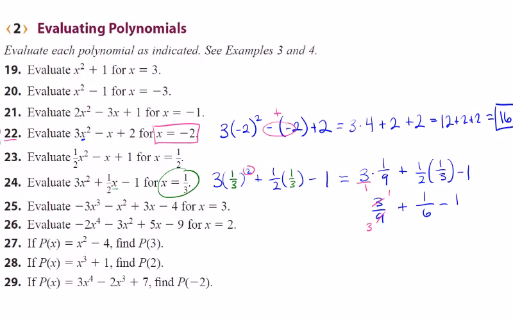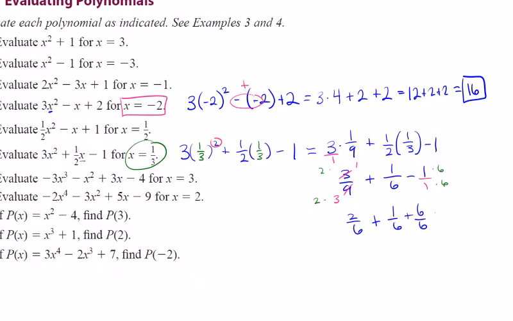All right, so here it looks like we want a common denominator of 6, right? So I'm going to multiply 1/3 by 2 on top and bottom. So that gives me 2/6. And then 1/6. And then with 1, I'm going to put it over 1 and multiply by 6 on top and bottom. So we get 6/6. So we can add all those together. And we get 9 over 6, which reduces to 3 over 2. So that's our answer.